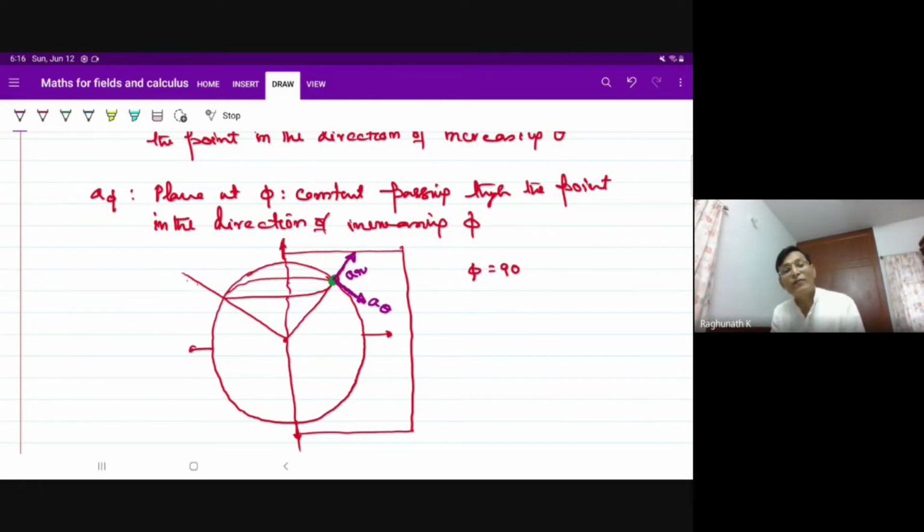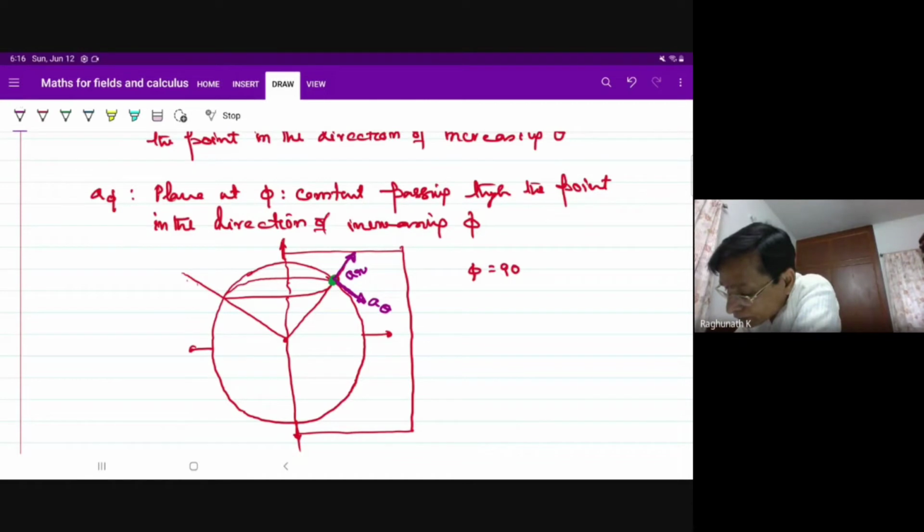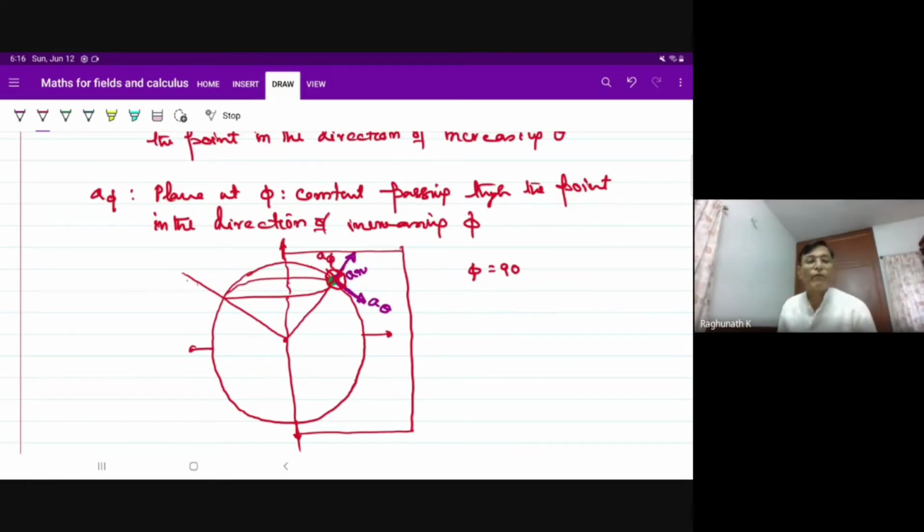What is a_phi? Perpendicular to the plane. In the direction of increasing phi, it goes into the board. I will put it like this, with a cross mark, says a_phi. a_r, a_theta, a_phi.